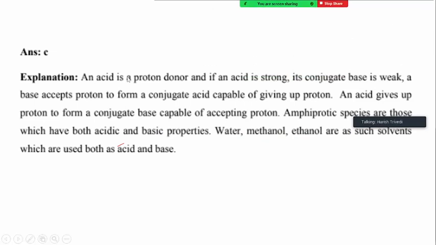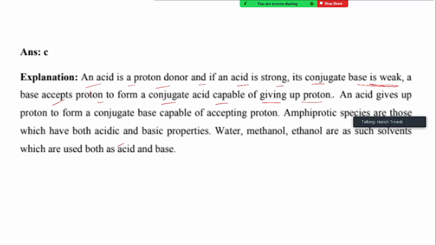So this is written here. An acid is a proton donor, and if acid is strong, its conjugated base is weak. That's why our first point is wrong. A base accepts proton to form conjugated acid capable of giving up proton.